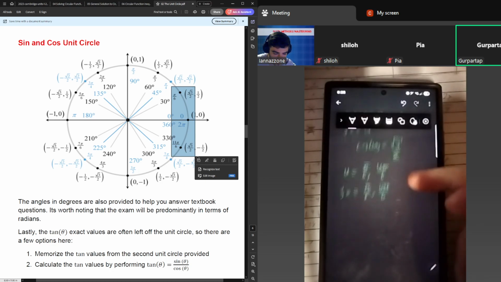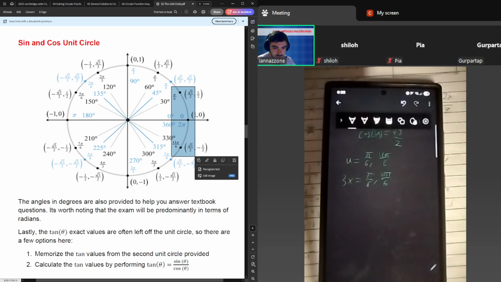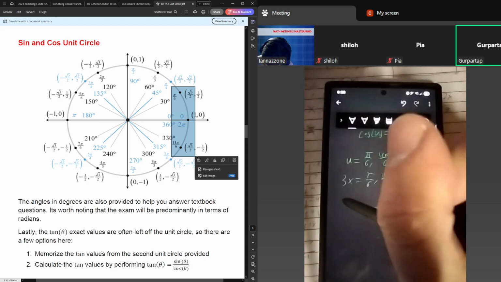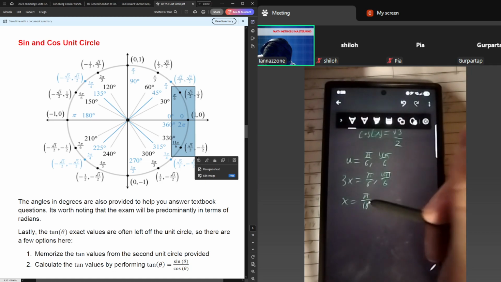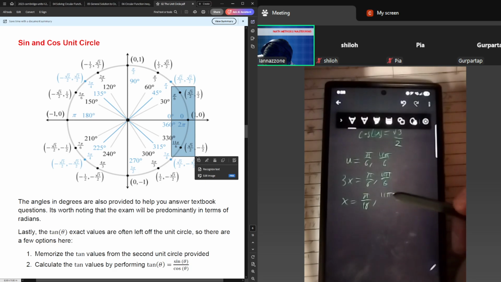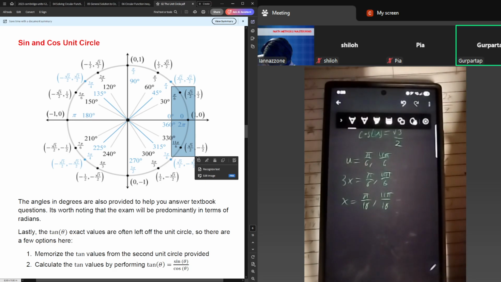Yeah. Okay. What else? And then we would just divide it, which would give us pi on 18. Yep. And yeah, 11 pi on 18, yeah. Okay. Are we done?